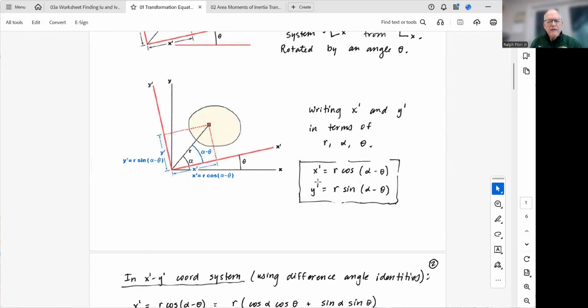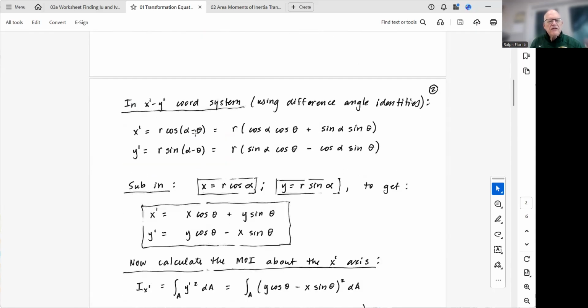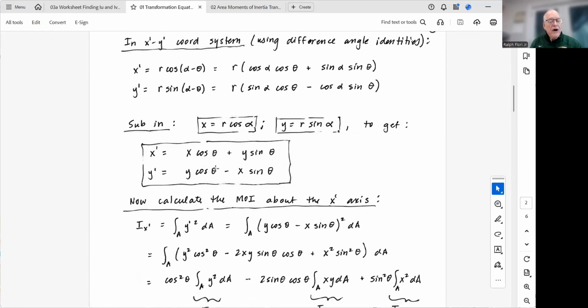We wrote x prime and y prime in terms of r, alpha, and theta. We did a trig substitution using difference angle identities. And ultimately, we got x prime and y prime in terms of x, y, and theta.